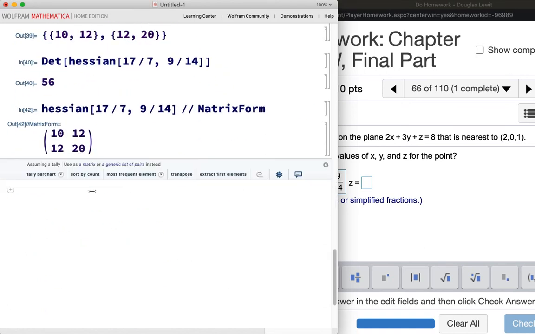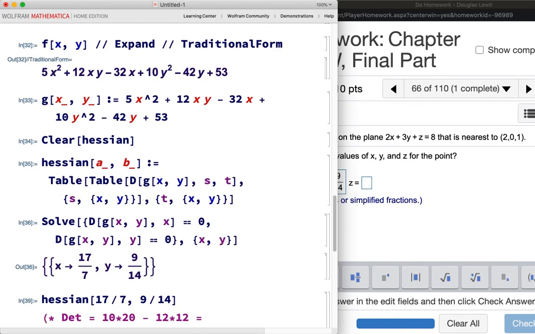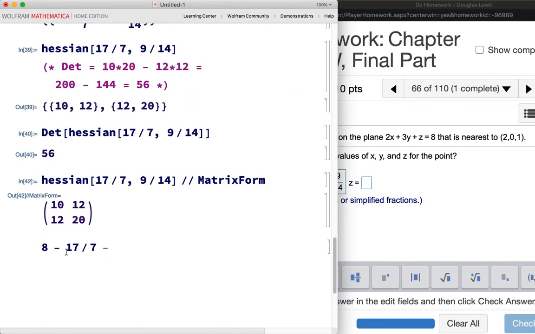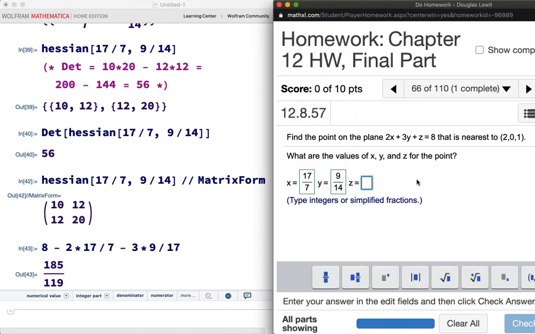So then all I have to do is 8 minus 2x minus 3y, so 8 minus 2 times x minus 3 times y, and that's going to be 185 divided by 119.